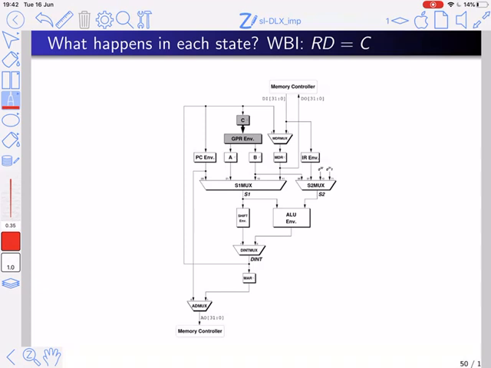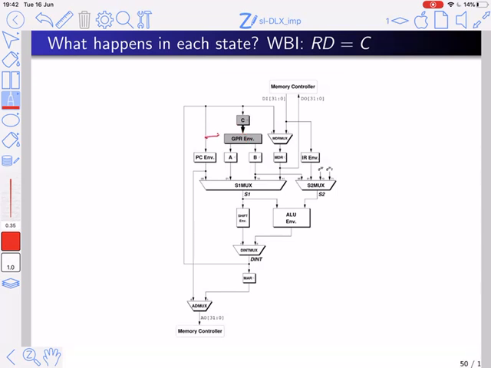Finally, we're ready to complete the execution of the load word instruction. The RTL that we need to complete is to store the contents in C in the destination register. And this takes place by taking the output of C and storing it in the GPR.